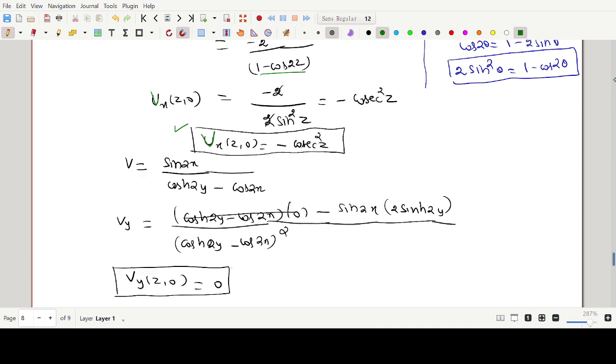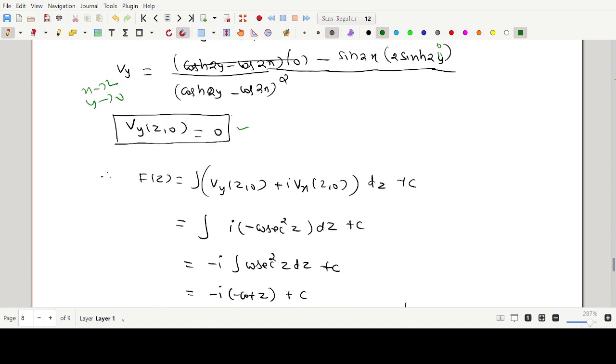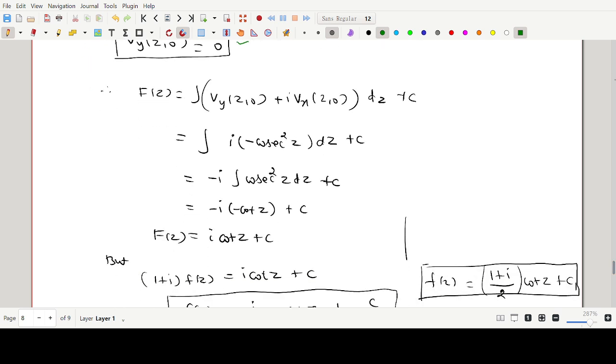Then replace x with z, y with 0. Replacing y with 0, sin 0 value is 0, so numerator 0, and 0 by anything is 0, so Vy of z comma 0 is 0. By Milne's formula, capital F of z is the integral of Vy of z comma 0 plus i Vx of z comma 0 plus c.